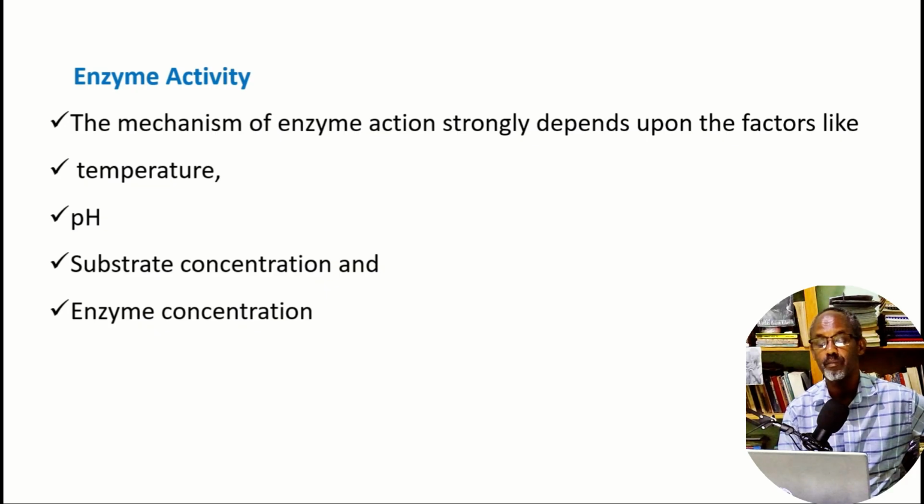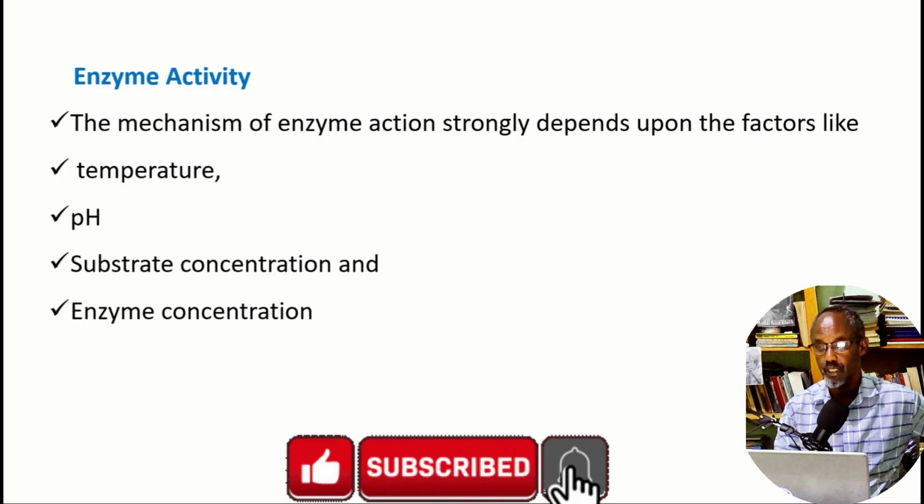How? Enzymes work at a specific temperature range, which is known as the optimum temperature range, where they are most efficient. Again, pH range: they work at a specific pH range, where they work most efficiently. Substrate concentration: as we increase the substrate, the rate increases until the fixed number of enzymes reach saturation point.